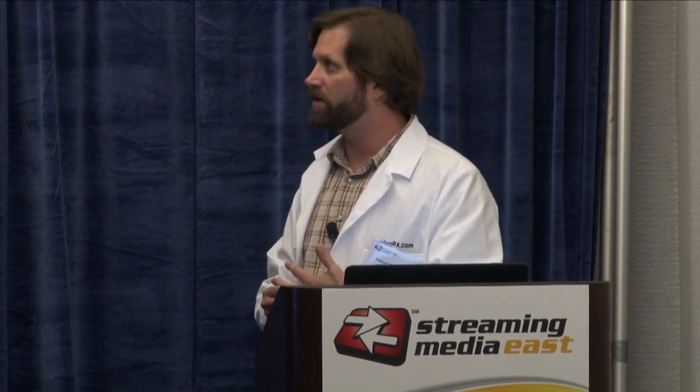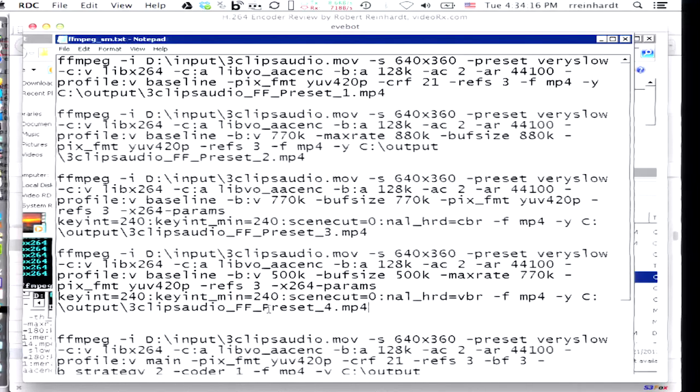Generally speaking, ffmpeg has these presets that will enable more optimizations at the expense of time. I used very slow, and I use very slow consistently in my H.264 test. So Sorenson Squeeze, ffmpeg, and Episode Pro all now have an H.264 option.